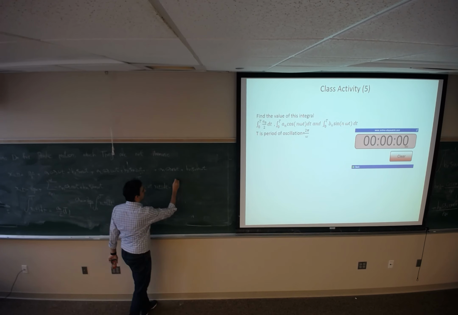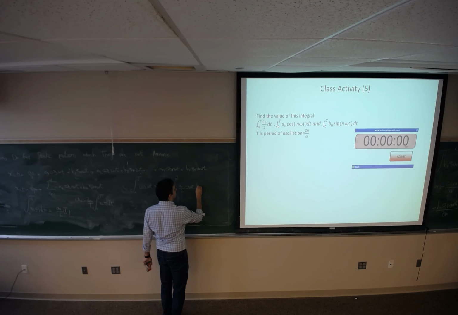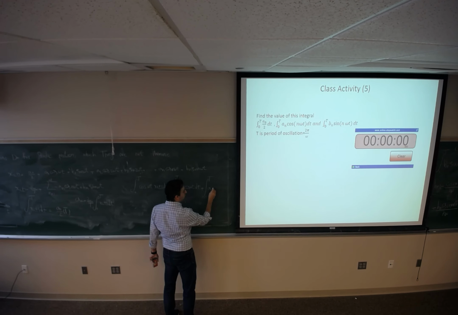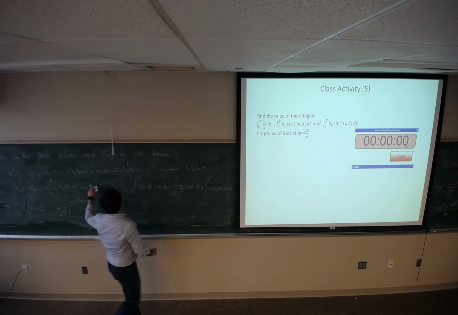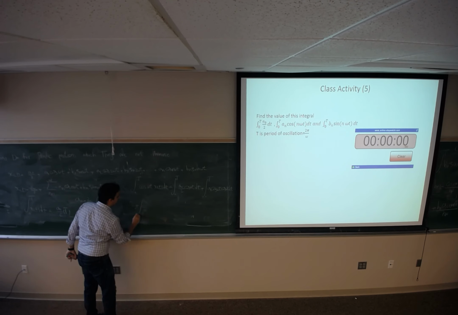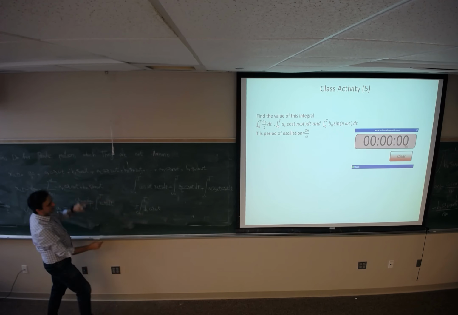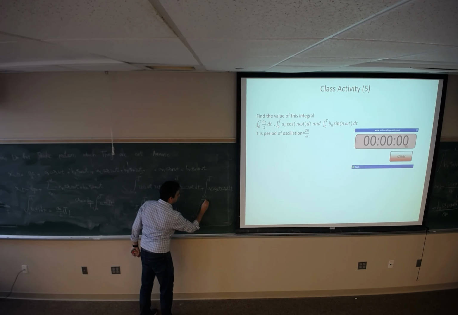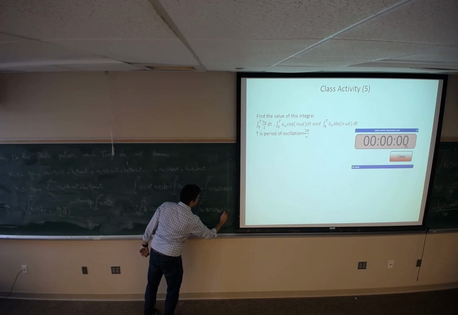equals the integration from 0 to T of a naught divided by 2 cosine of omega t dt, plus the integration from 0 to T of a1 cosine of omega t cosine of omega t dt, plus the integration of b1 cosine of omega t sine of omega t dt, plus the integration of an cosine of omega t cosine of n omega t dt.